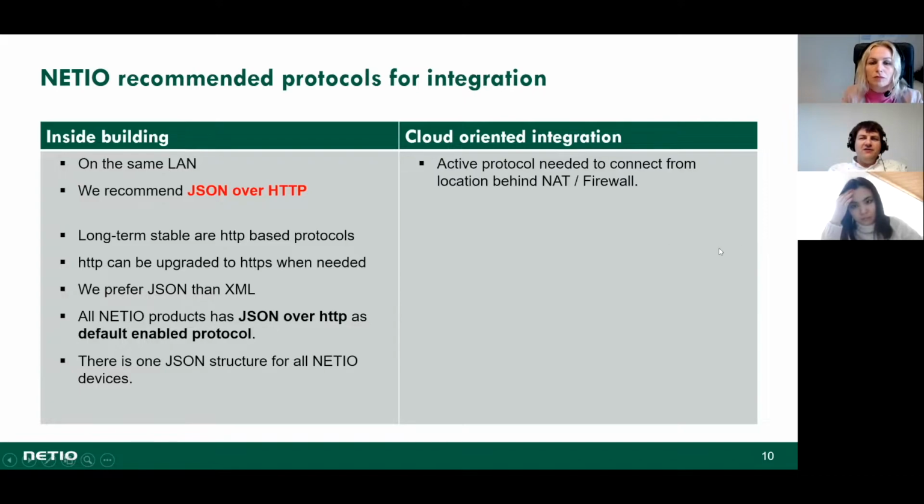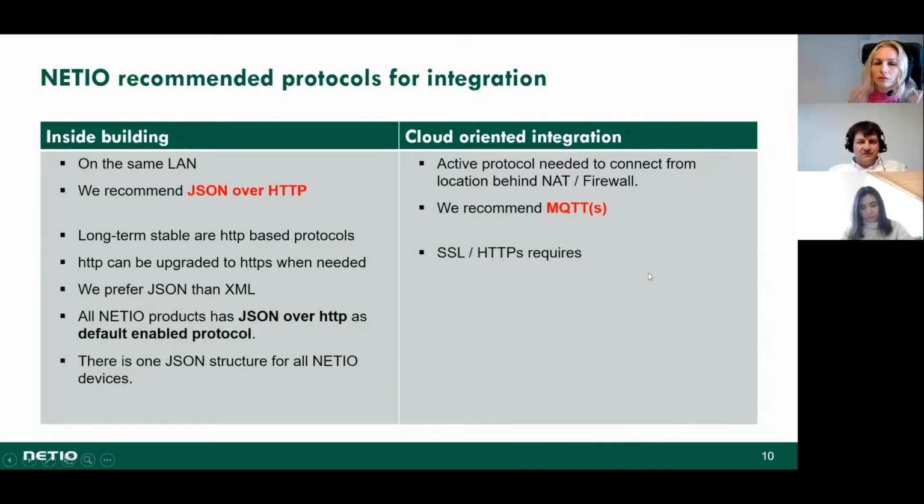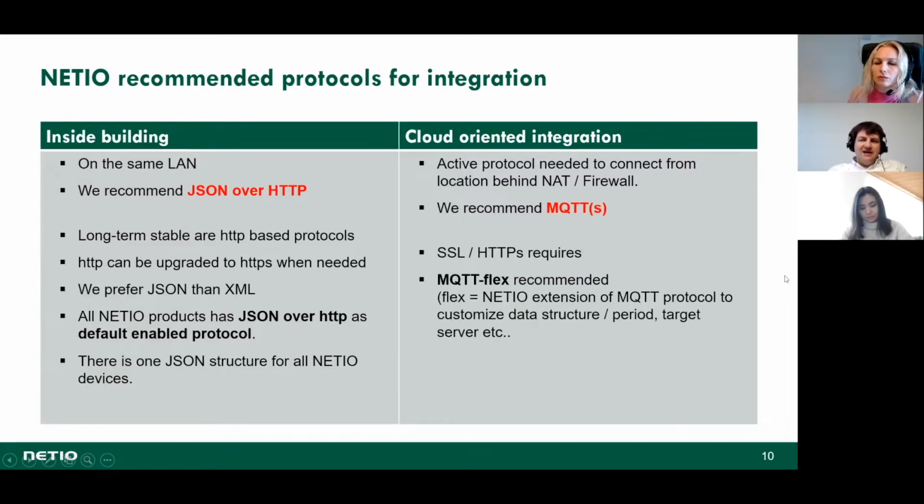If you are doing anything cloud-oriented and you need to be behind the NAT, we recommend using MQTT-S and the flex definition, because there is SSL by default, so there are no troubles with security. The flex is an extension of standard MQTT, so you can configure in a simple text file all the data, like where to connect, how fast to send data, and updates about metering.